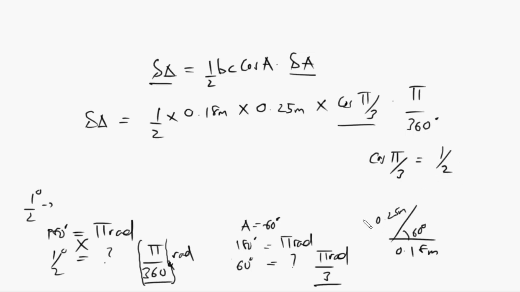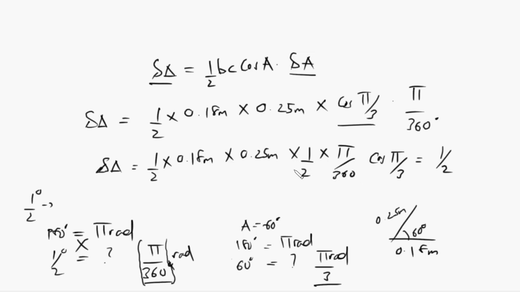So the cos of 60 is just half. So this guy now, the change in area will just be half times 0.18 meters times 0.25 meters times the cos of 60, which is half, times pi over 360. So this and this will just be 0.9, and then this and this will just be 0.125. This is what it will become.